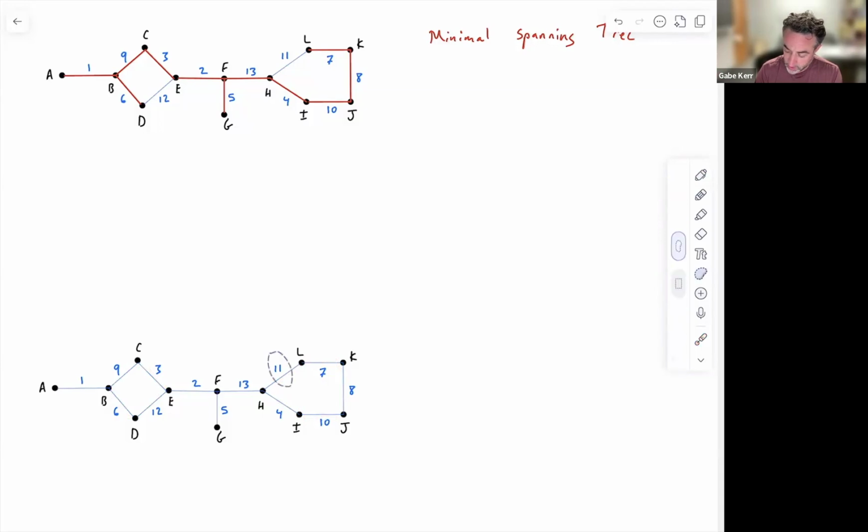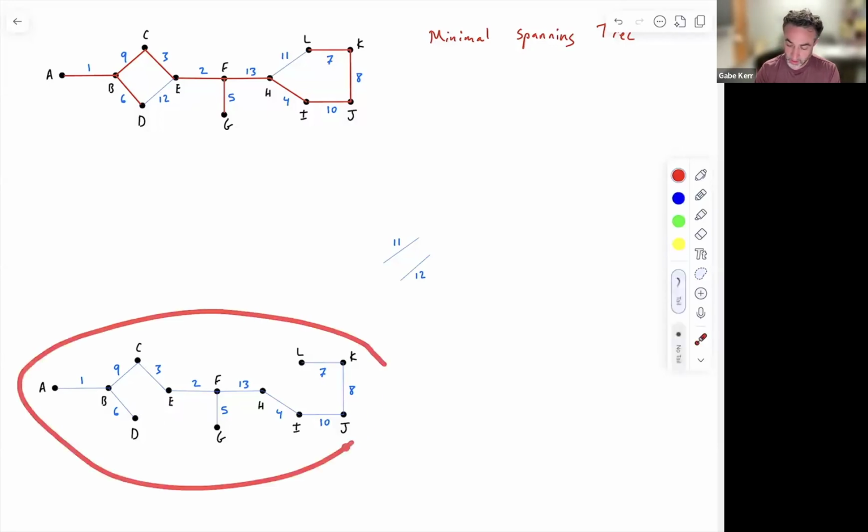Well, the largest weight is 11, and the largest weight here is 12. And now you'll see that what you're left with is precisely what you got with Kruskal's algorithm. You get the same exact spanning tree.